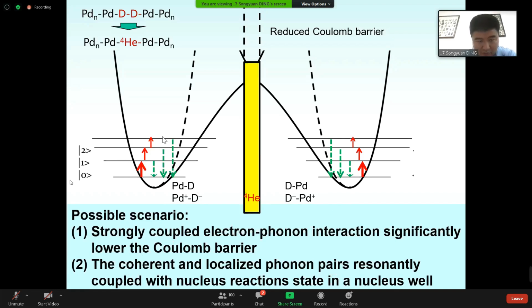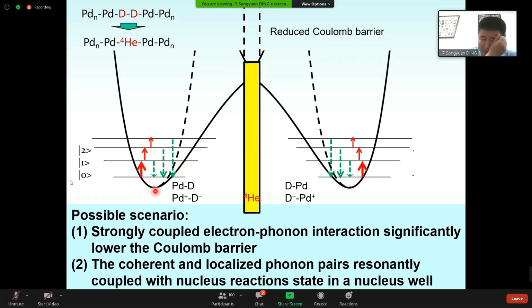So, three potentials coupled: one, two, and here three. And the heat will also be released by the lattice vibration.